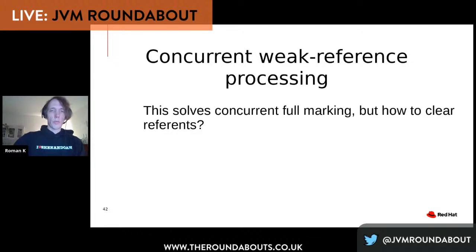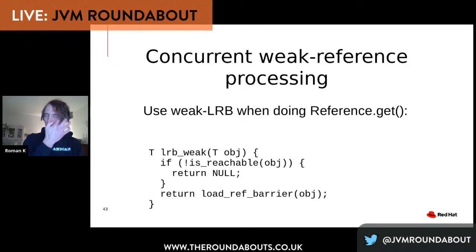Okay, so we solved this marking problem of weak references, but how to clear them? The problem is similar to what we've seen before with JNI weak handles. Suppose you have a reference whose referent is unreachable, and the application calls reference get on it, and it would normally return the referent that is otherwise not reachable, but would resurrect this object, which must not happen.